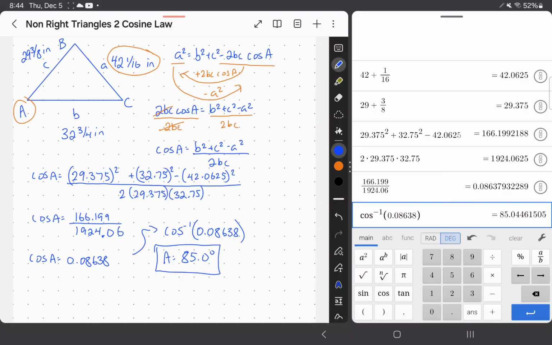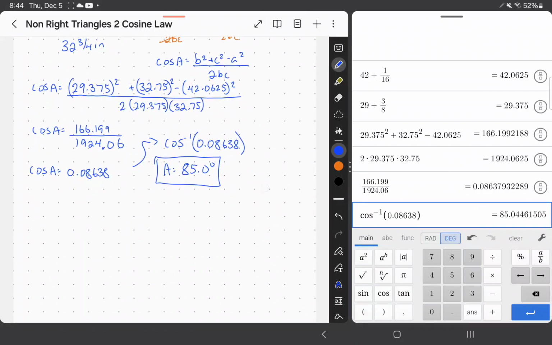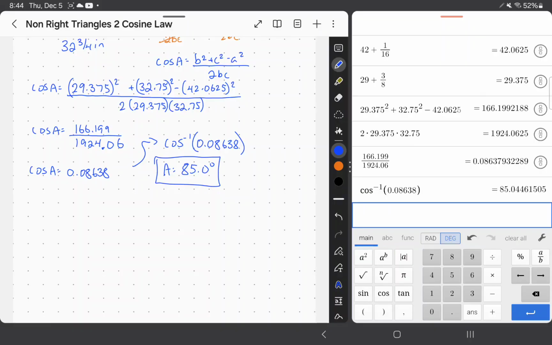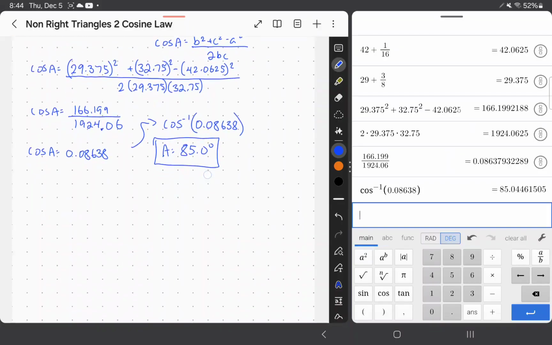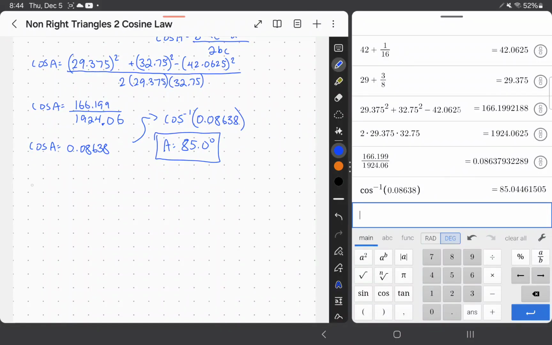So now we have an angle and side pair with A and A. So we'll use that to kind of pivot on our other information. So I'm going to hit enter on the calculator here. It doesn't matter which angle is next, so I'm just going to go for angle B. Maybe we'll draw a little divider here.